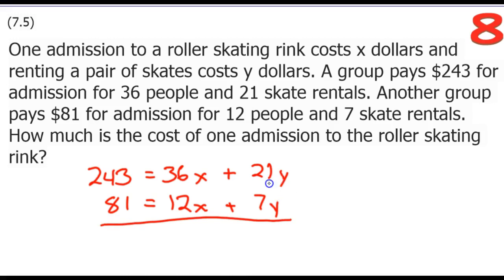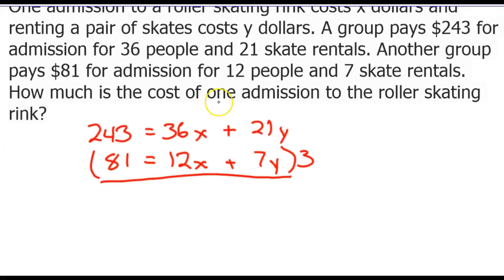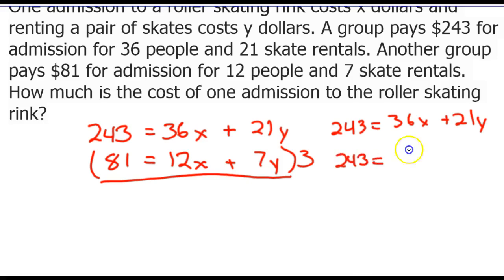So, I see that I can eliminate by multiplying this bottom equation by 3. So what we're going to have then is 243 equals 36x plus 21y. 81 times 3 gives me 243 equals 36x plus 21y.